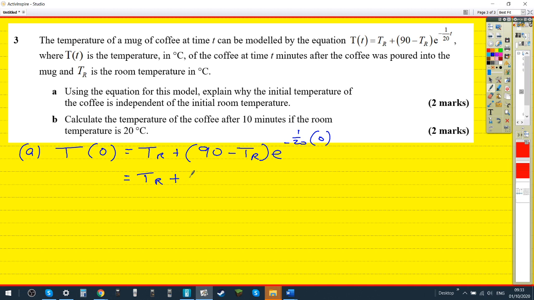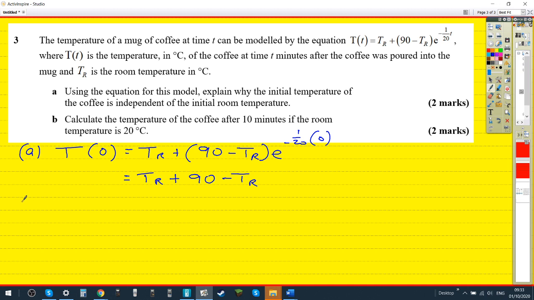It'll be just plus, brackets, 90 minus TR. Or even without brackets, because it's just times 1. Anything to the power of 0 is 1. So the initial temperature of the coffee is independent of time because time has been eliminated.